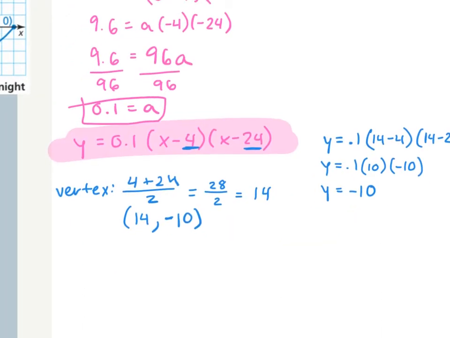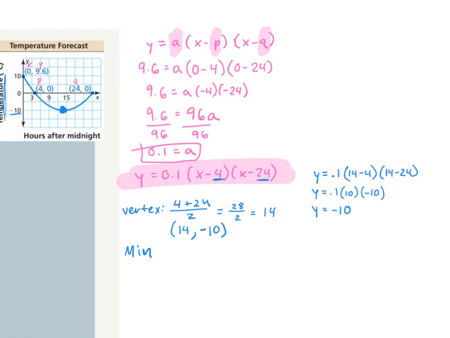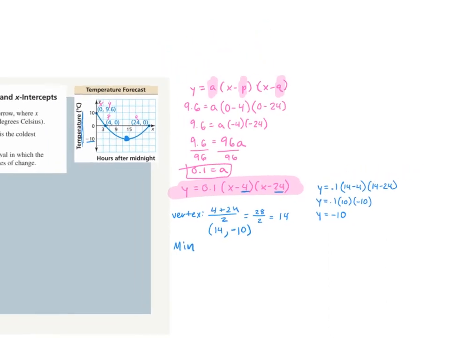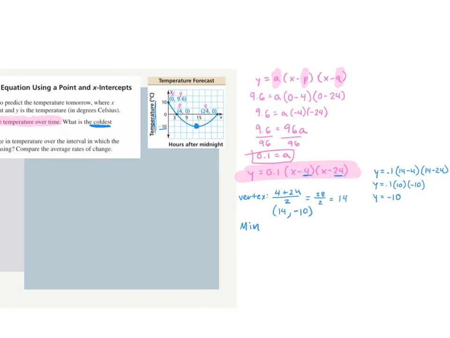So our minimum is what? What is our min point on the graph? Negative 10. So our coldest temperature is negative 10.